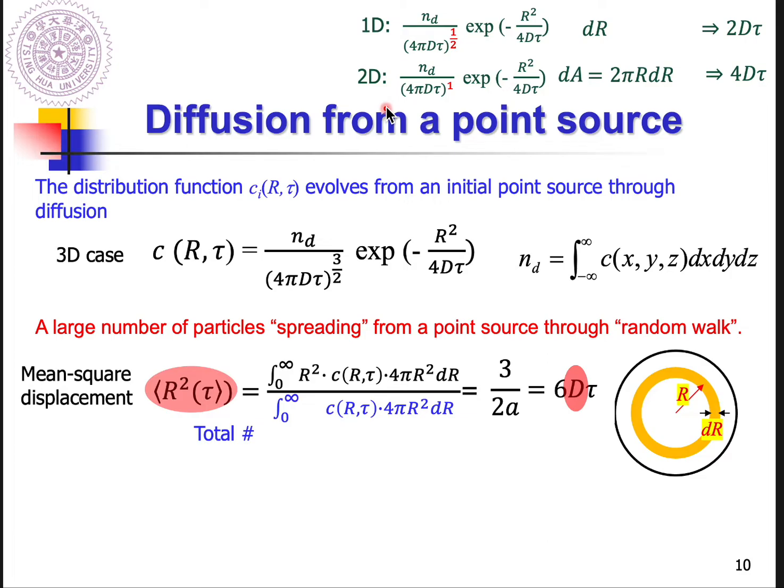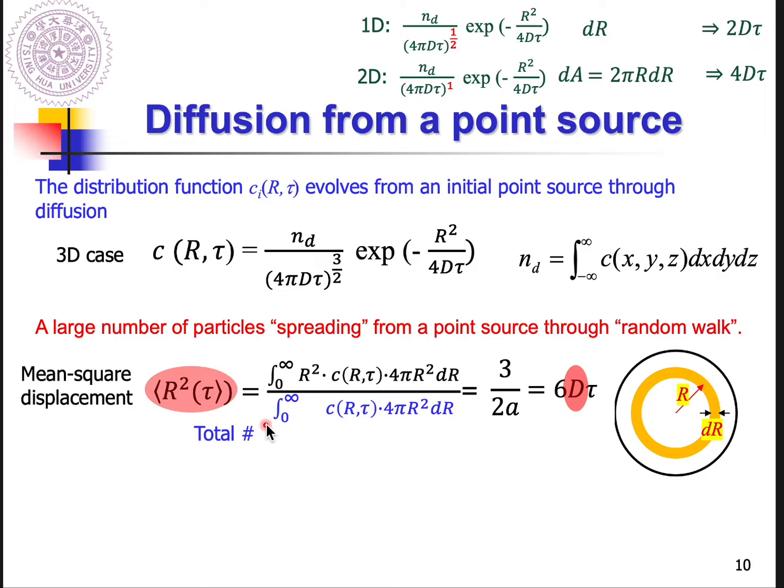So depending on the dimensionality of the diffusion, you need to substitute a different concentration profile and also the second term here. Then you get different results. One-dimensional is 2D tau, two-dimensional is 4D tau, and three-dimensional is 6D tau.